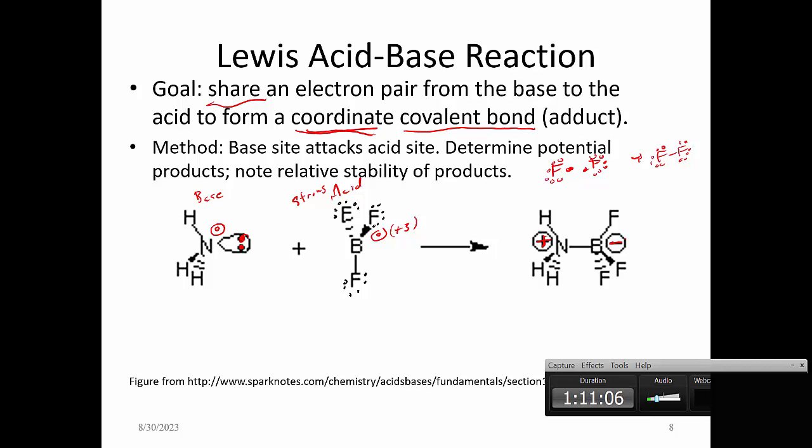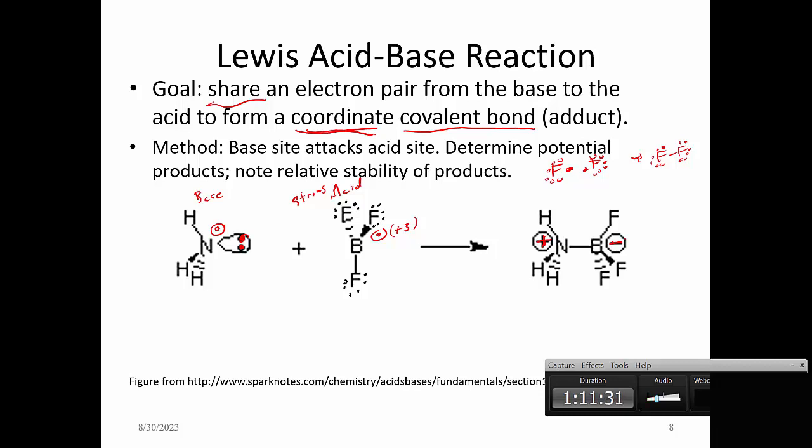This has got what we call positive charge density. Can you see it? Even though it's got a 0 formal charge, I look at that boron and I see what we call an electropositive atom. Electropositive means it's positive, so it wants to attract electron density, but it can't very well do that because fluorines are so electronegative. It's sucking all the electron density away from boron.